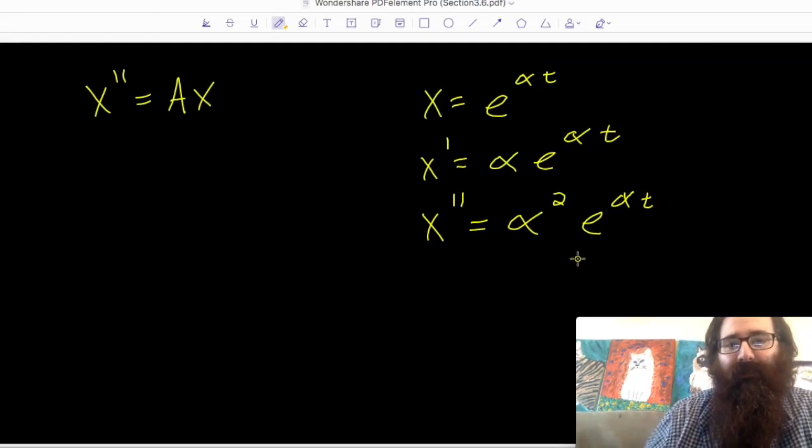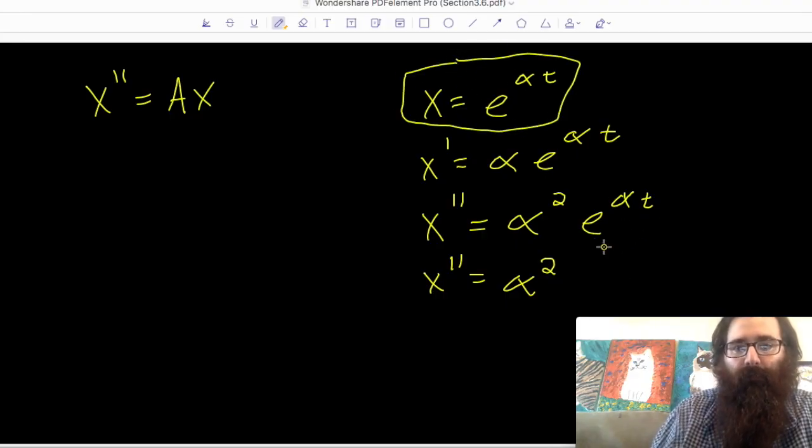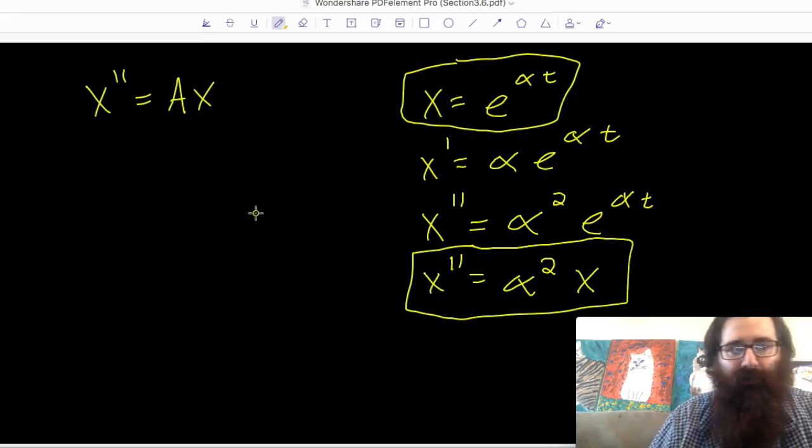But I want you to notice then that in the second order derivative, x double prime is equal to alpha squared times e to the alpha t, which is what we said was x. So alpha squared times x. So this is the relationship that I wind up getting if I'm still using exponential functions to try to generate a solution.